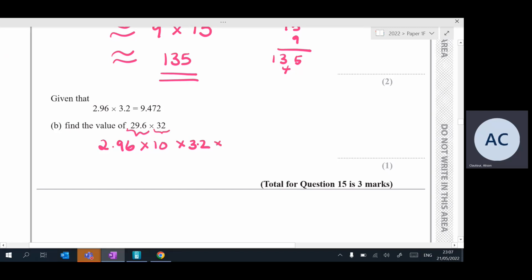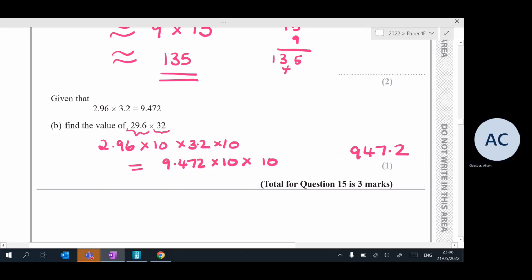Again, they've multiplied it by 10, haven't they? So you can see we've got an extra 10 times 10 in our question compared to what they've got. So therefore, we need to multiply 9.472 by another 10 and another 10. So you should have got 947.2.